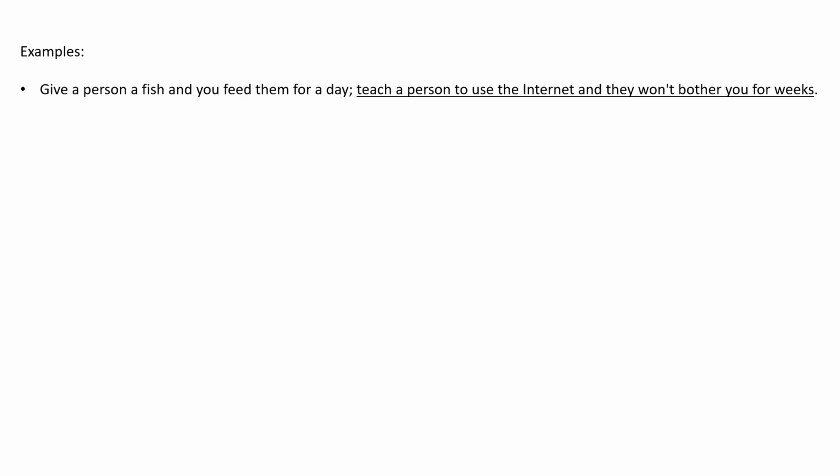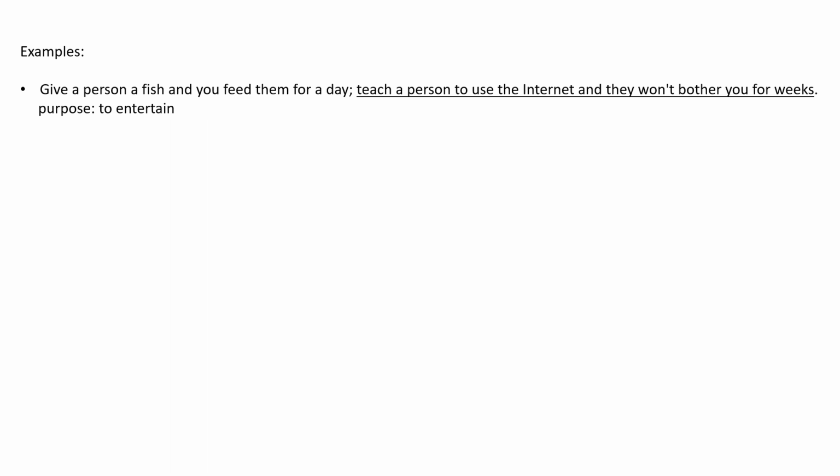But in the second part, he is using a humorous element to show that when you give people the internet, they will not do anything except for using it, and they can even forget you for weeks. So, the purpose of the writer here is to entertain.